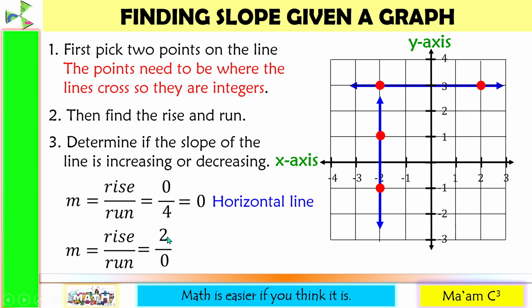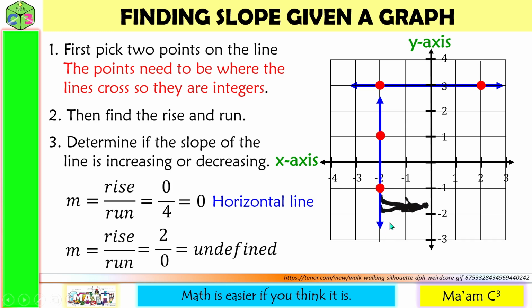And any number except 0 divided by 0 will be undefined. That is why it is impossible for a man to walk vertically 90 degrees without any harness at all. When the slope is undefined, then you formed a vertical line.